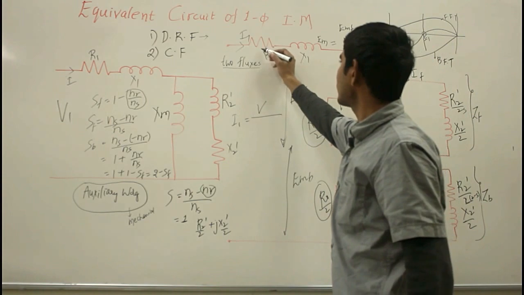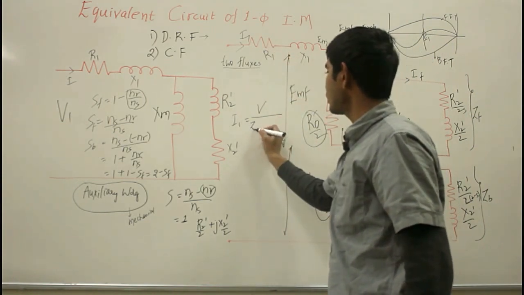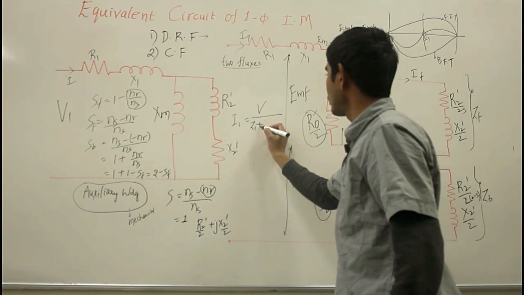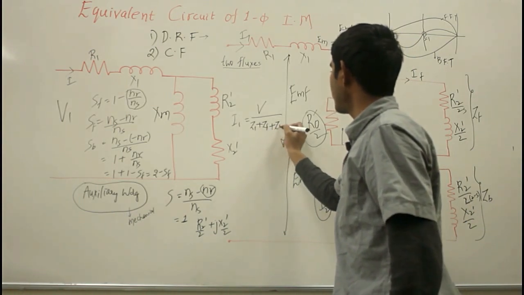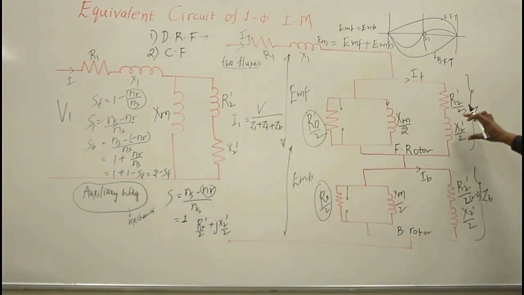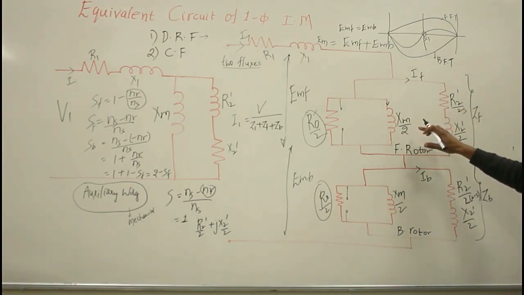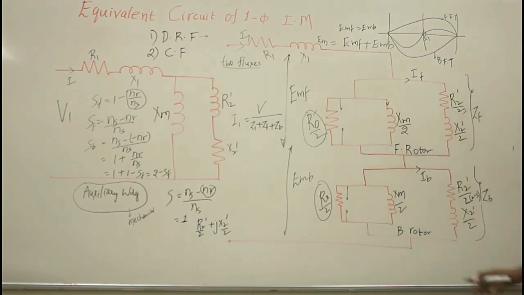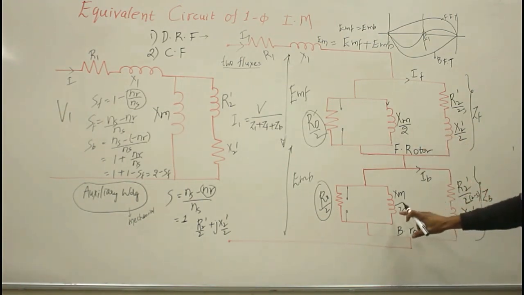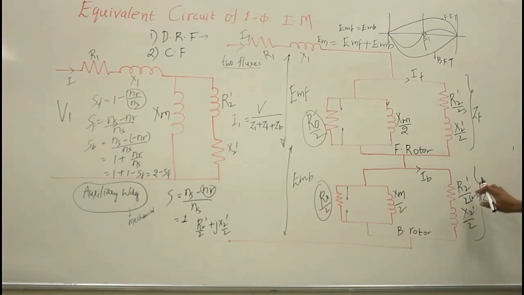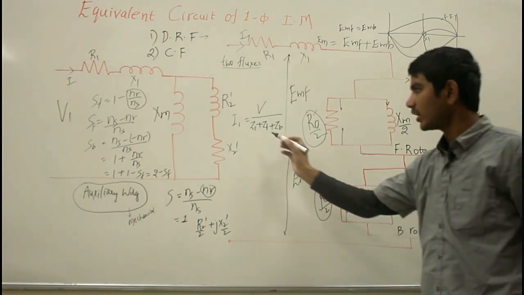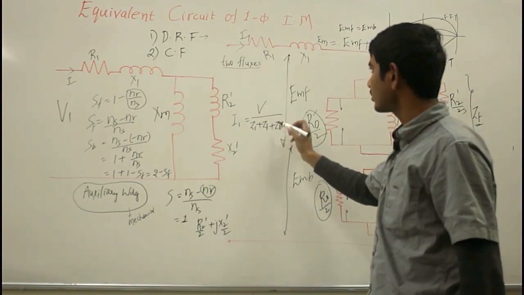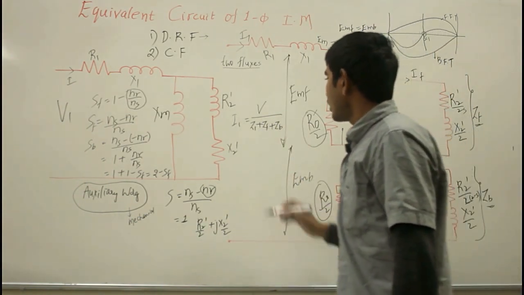If I consider this impedance as Z1 and this as ZF plus ZB, these two are in series and they are parallel with the magnetizing reactance. So applying the series parallel combination, you can calculate the equivalent impedance, ZF and ZB, and if you write V upon Z1 plus ZF plus ZB, you get the stator current. Now I have the stator current.